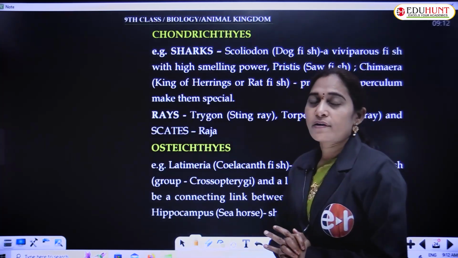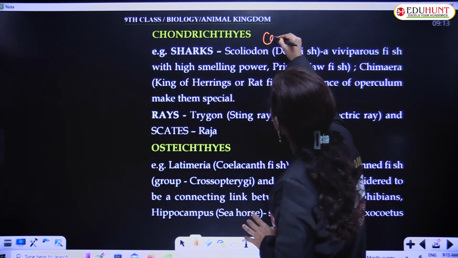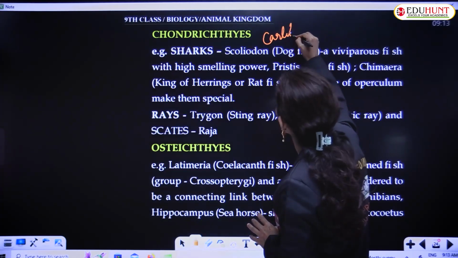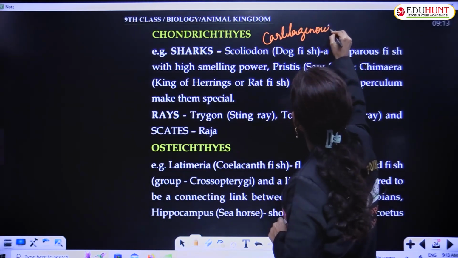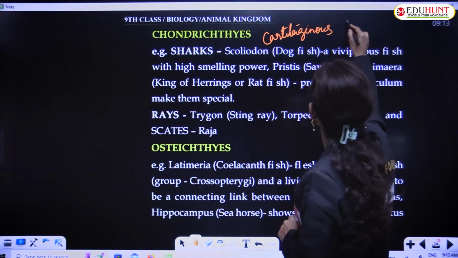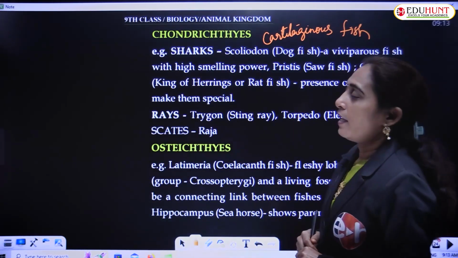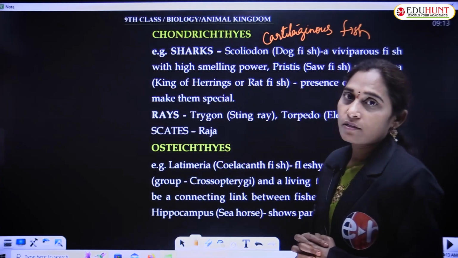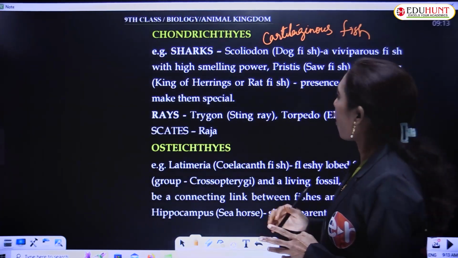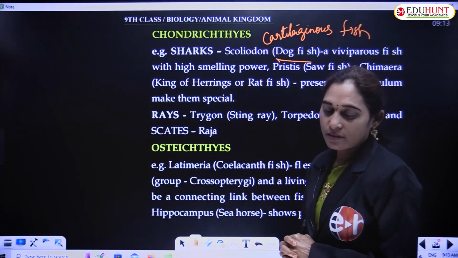Let's see Chondrichthyes, that is cartilaginous fish. Examples are shark, Scoliodon, commonly called dogfish. Dogfish is viviparous.